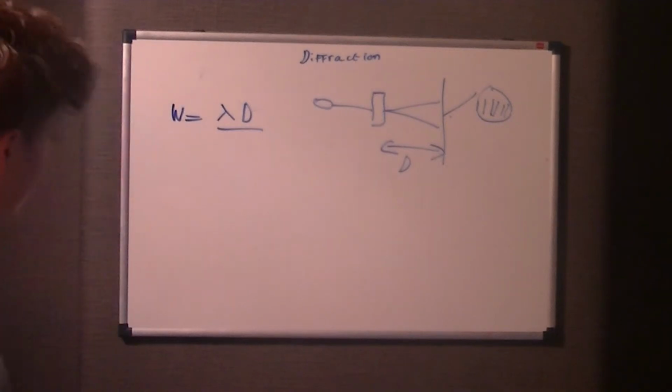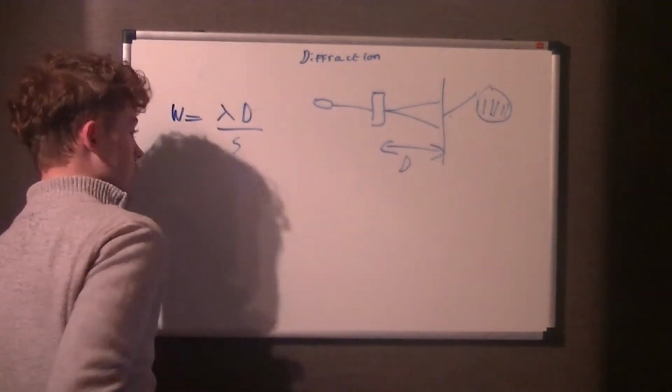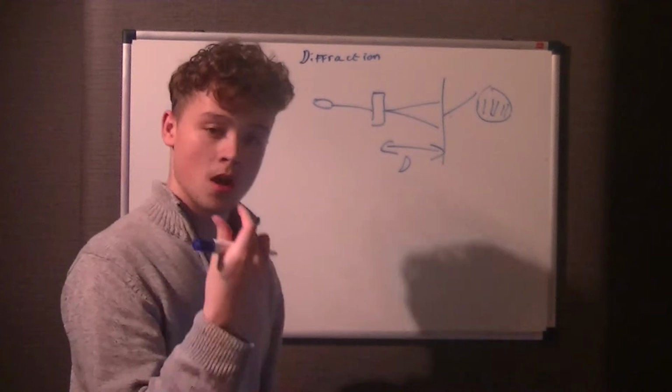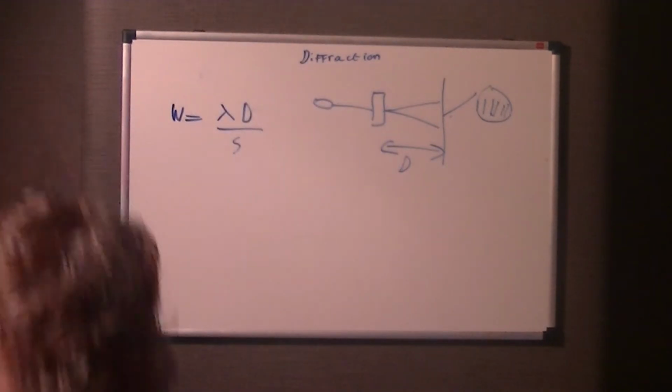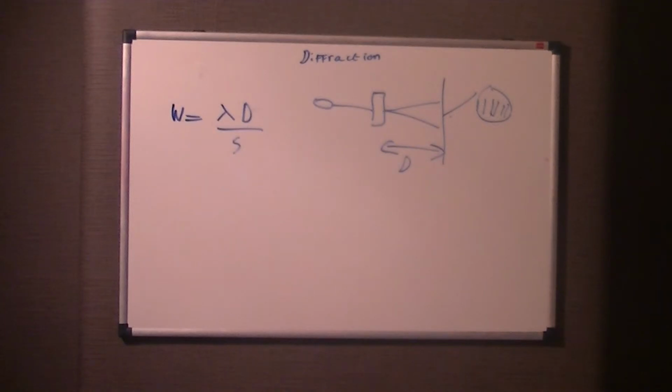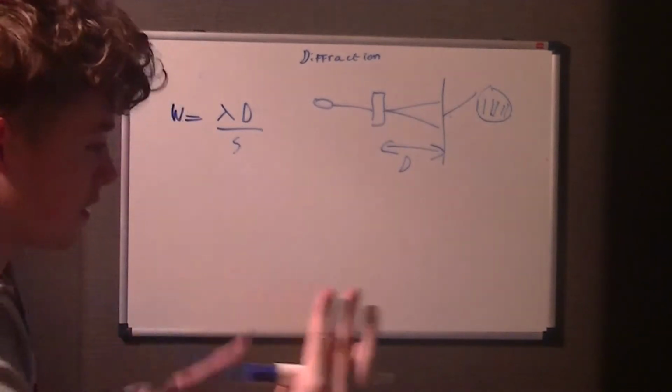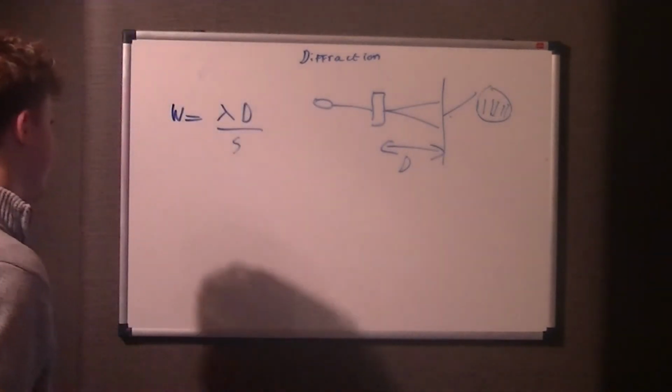Okay, so you've got the spacing. Now the spacing is the distance between the fringes, not fringes, the slit width, yeah? And obviously it says it's a single slit, it's the distance between the two ends of the slit.